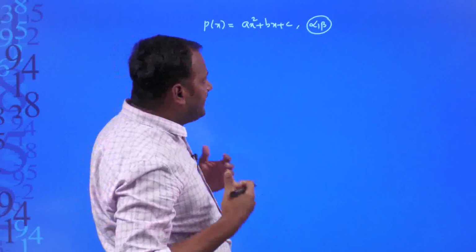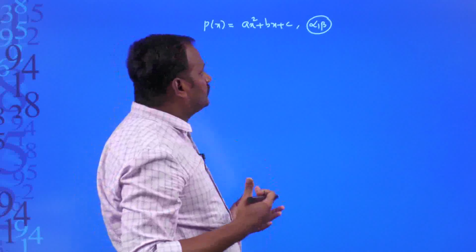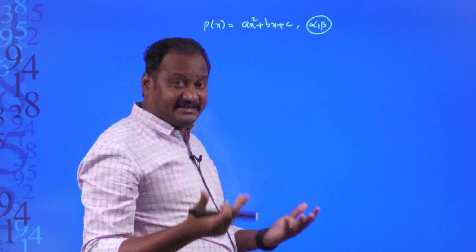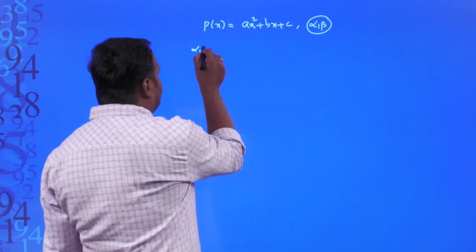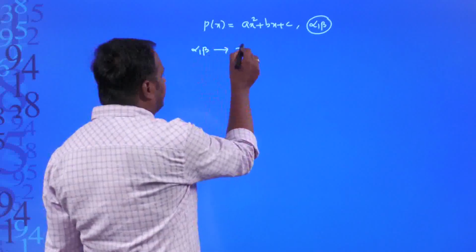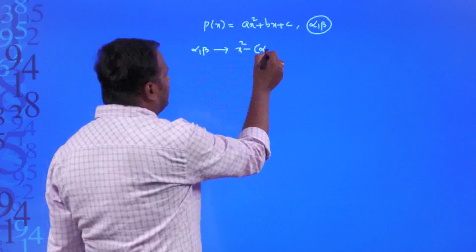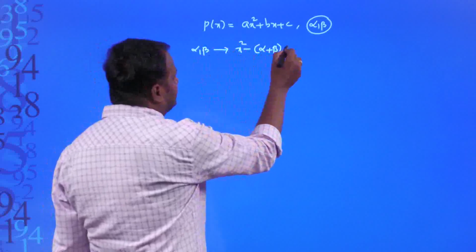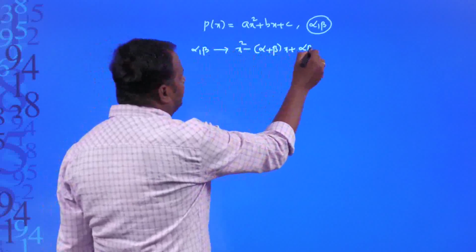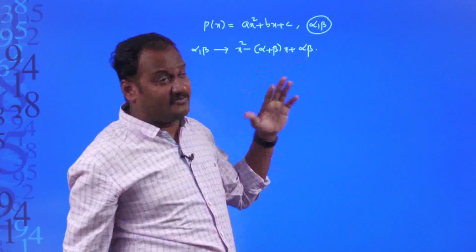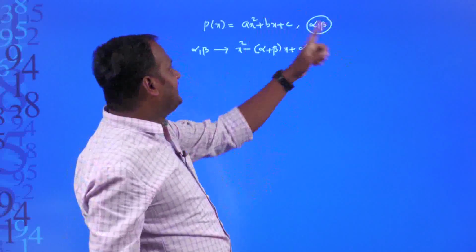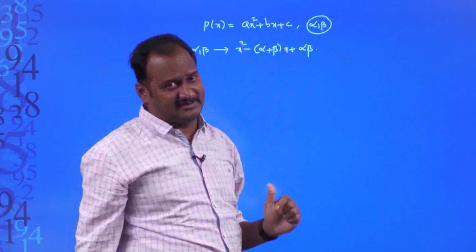And moreover, I know what the polynomial is whose zeros are alpha comma beta. The polynomial whose zeros are alpha comma beta is x square minus of alpha plus beta times x plus alpha into beta. But what was given? Alpha and beta are zeros of ax square plus bx plus c.